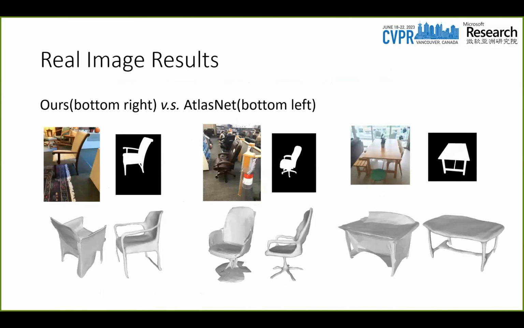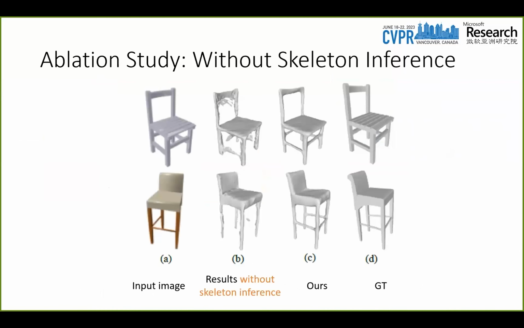Here we show some 3D shapes reconstructed from real images. Finally, our ablation study validates that the learned skeleton representation is critical to reconstructing the structures of the 3D shapes.